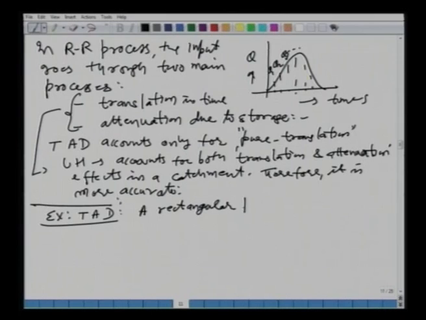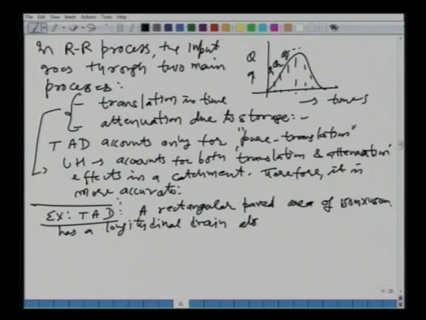A rectangular paved area of 150 meters by 450 meters has a longitudinal drain along one of its longer edges.